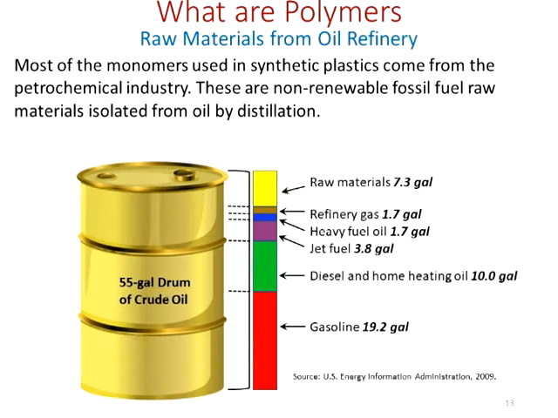Now, to make these polymers, whether they are homopolymers or copolymers, we need monomers. We get these monomers primarily from the fossil fuel industry. We take them as a distilled fraction from the top of the distillation tower, about 7 gallons per every 55-gallon drum.